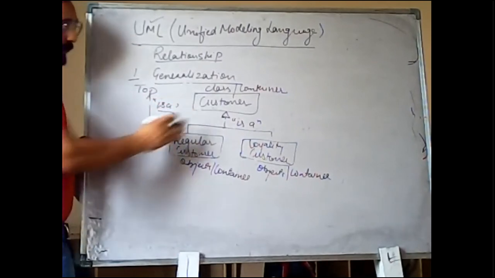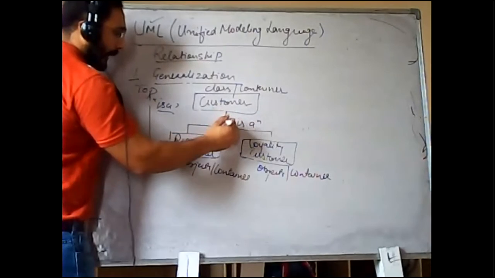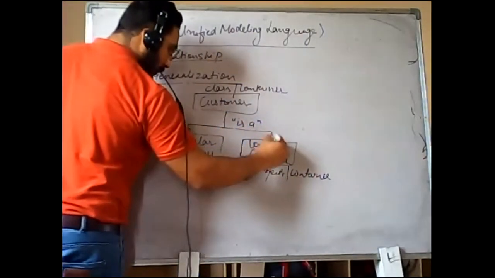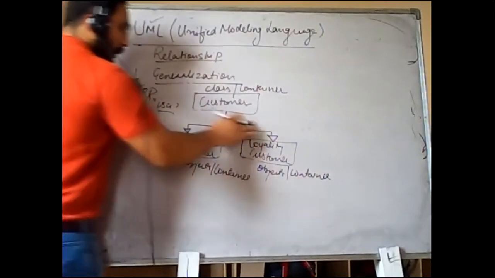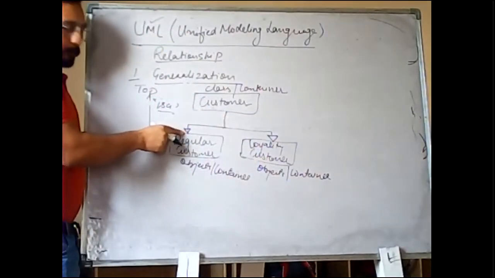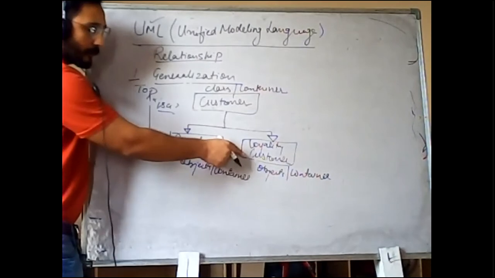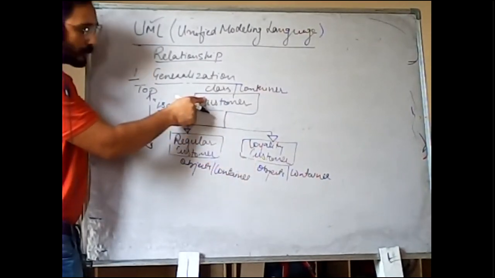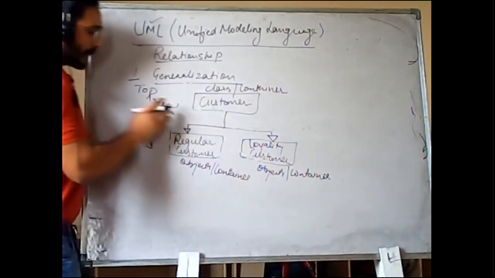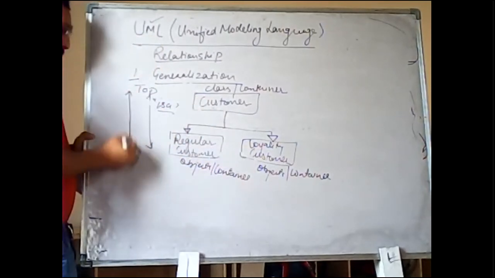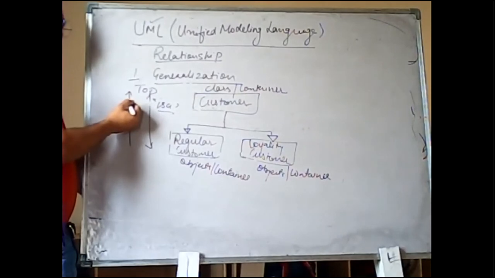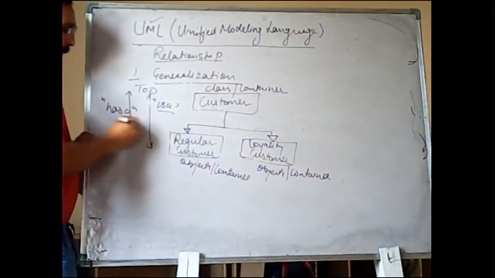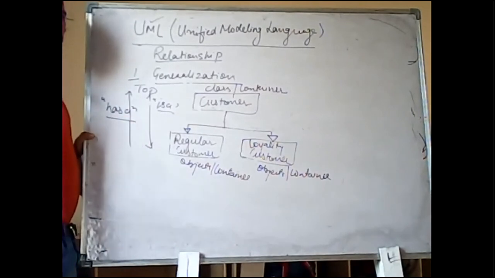But if there is a relationship where the arrow is pointing to your subclass from your main class, from your super class to your subclass, meaning we are going from bottom to top, then there is a has-a relationship.